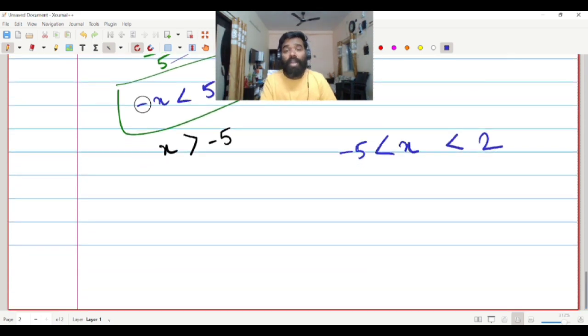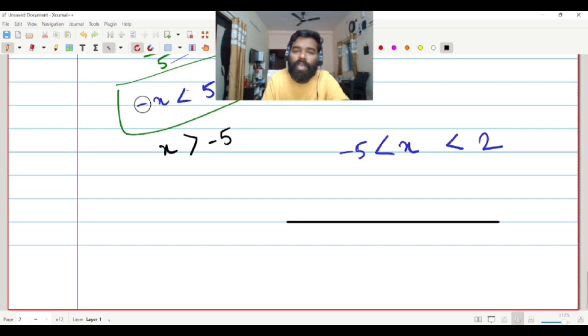So now the main part comes, that is the number line. We need to take care of this, how to draw a number line. Okay, so let me take a number line. So this is a number line for me.